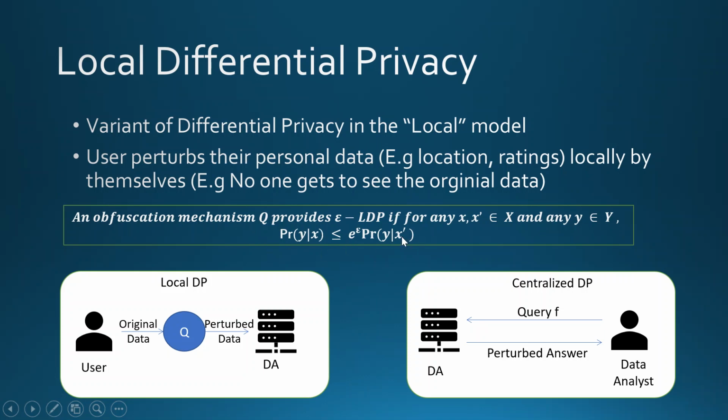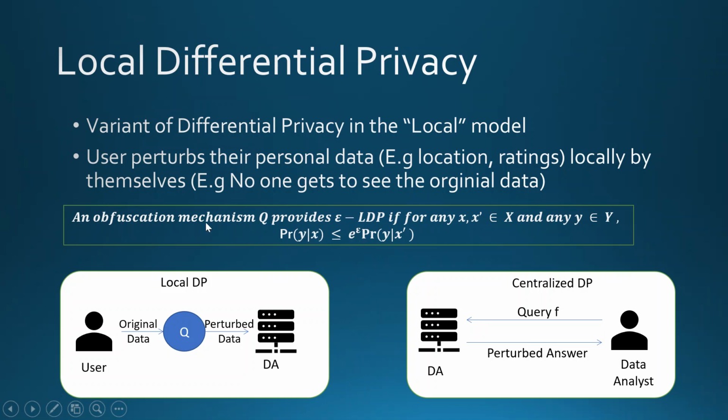What this literally means is that the adversary, who might or might not have background knowledge about the user, will not be able to infer the original data from the perturbed data. So just by observing the perturbed data, they are not going to infer anything about the user. The epsilon here is called the privacy budget, and when the epsilon is small, the privacy of the user is strongly protected.